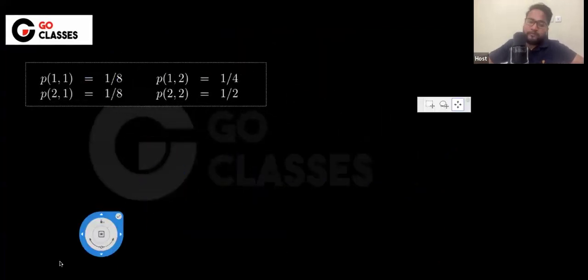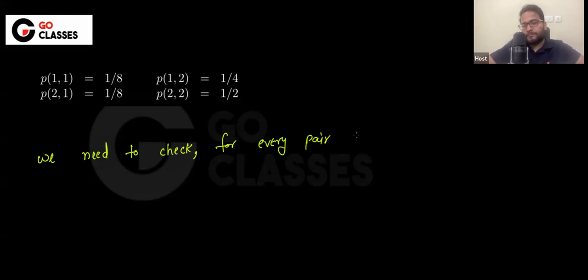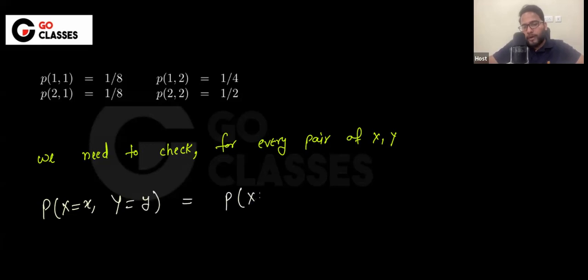We need to check for every value, for every pair, that this should hold: probability of x equal to some value and y equal to some value equals probability of x equal to that value times probability of y equal to that value. For every pair it should hold.